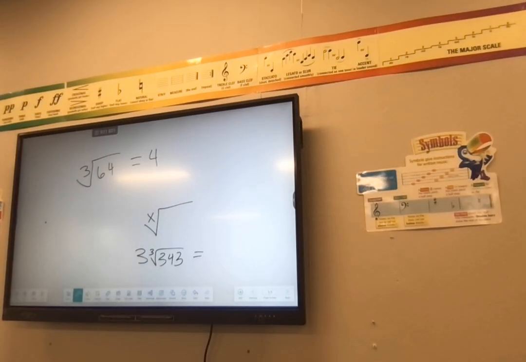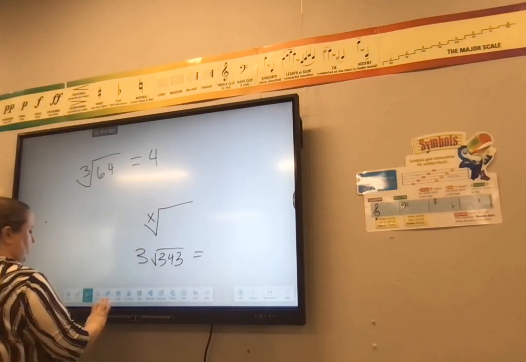Cube root is the 3, so you're going to do 3, then second, which is the one with the x, and then 3, 4, 3. The cube root is 7. Without the second, you try to do that. Oh, this was a mechanical one. Let me teach you how to do it quick. This should be the x on the calculator.